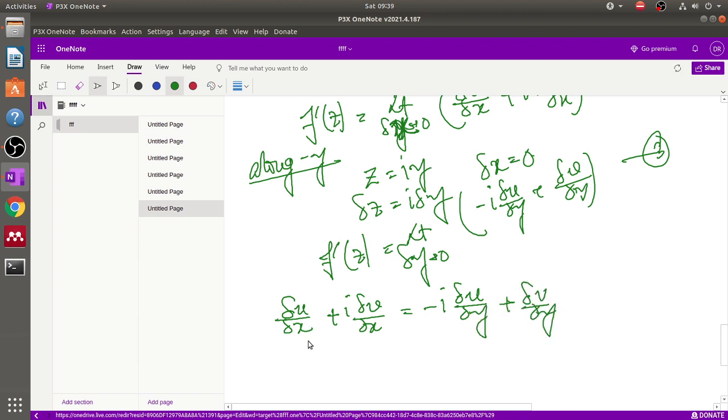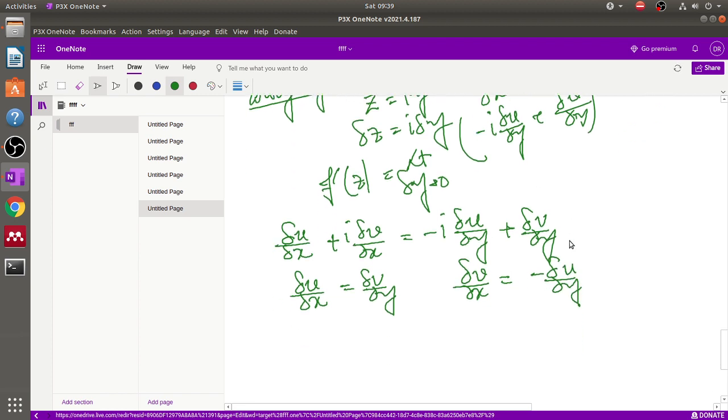Equating real and imaginary parts, we see that del u by del x equals del v by del y, and del v by del x equals minus del u by del y. So this is our first result, and this is our second result.